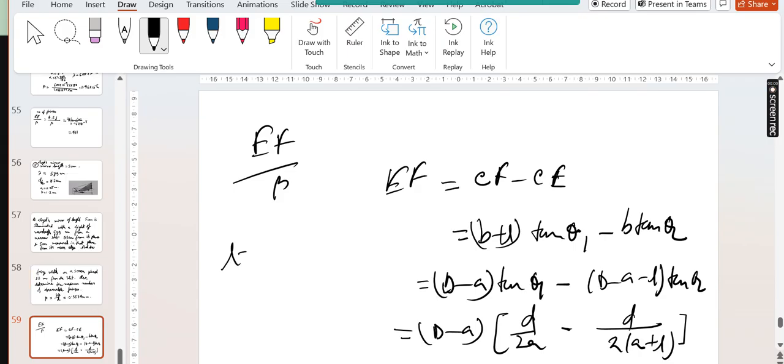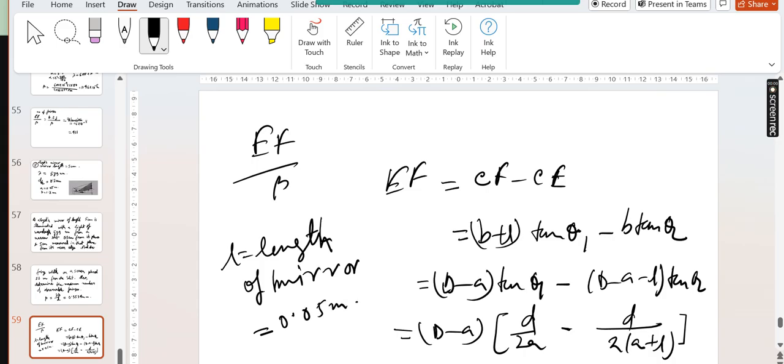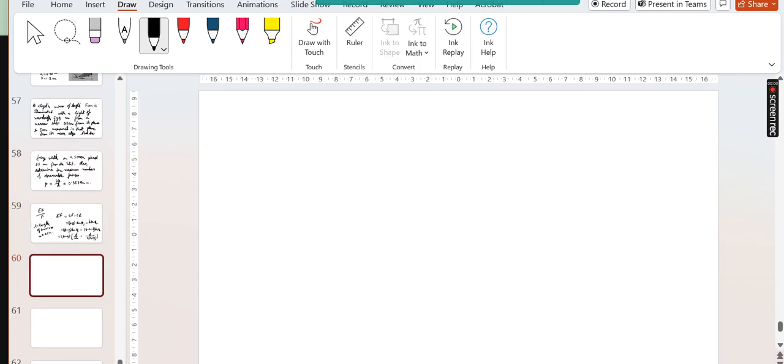L is the length of the mirror, that is 0.05 meter. Putting all these values, we get EF equal to 1.2 centimeter.